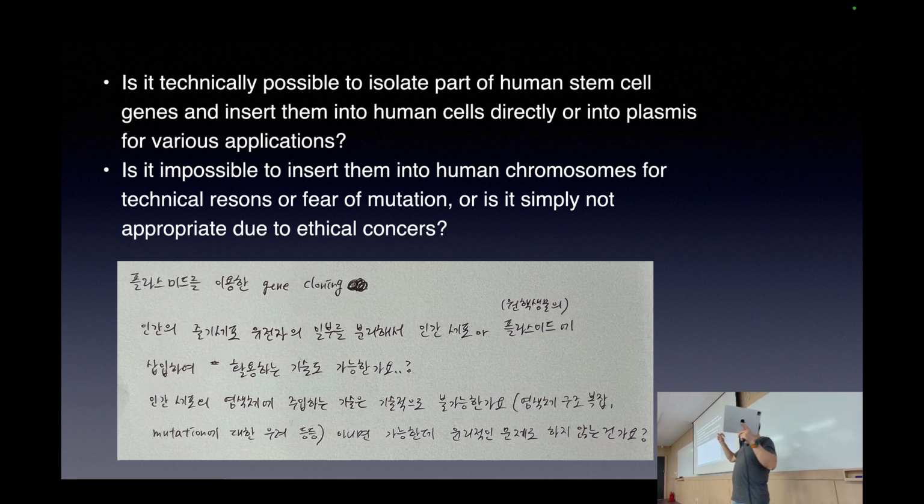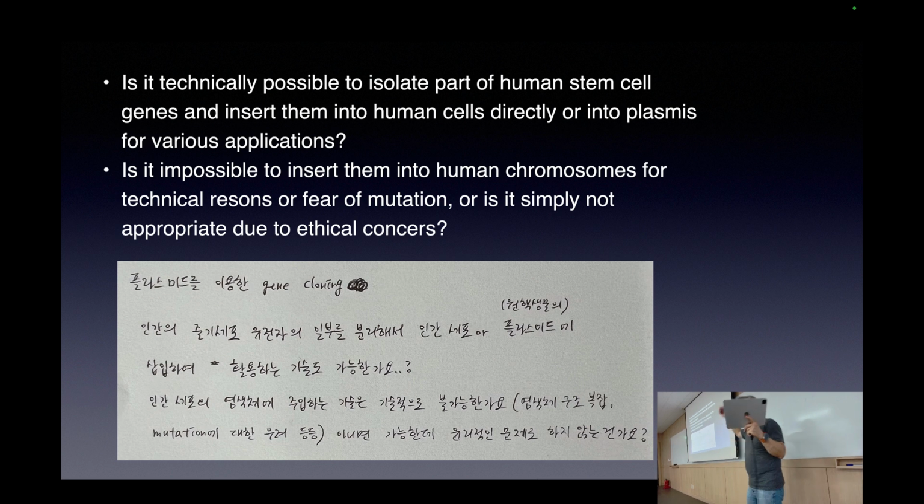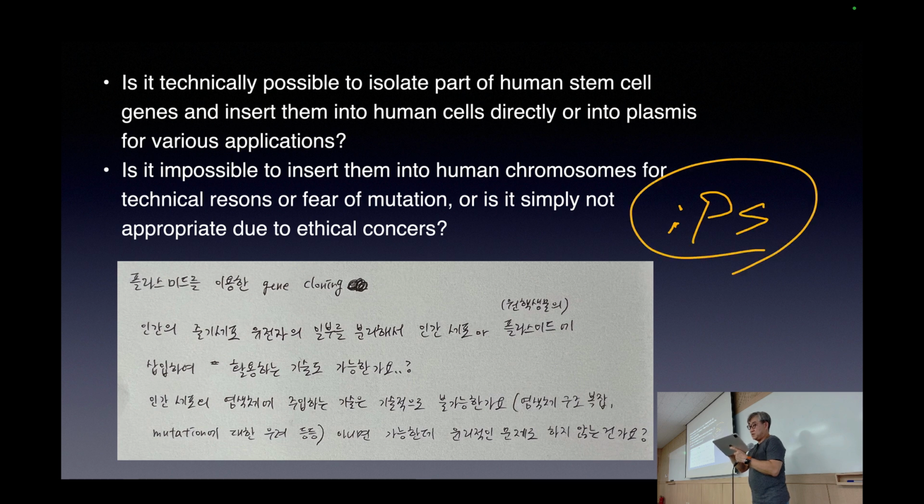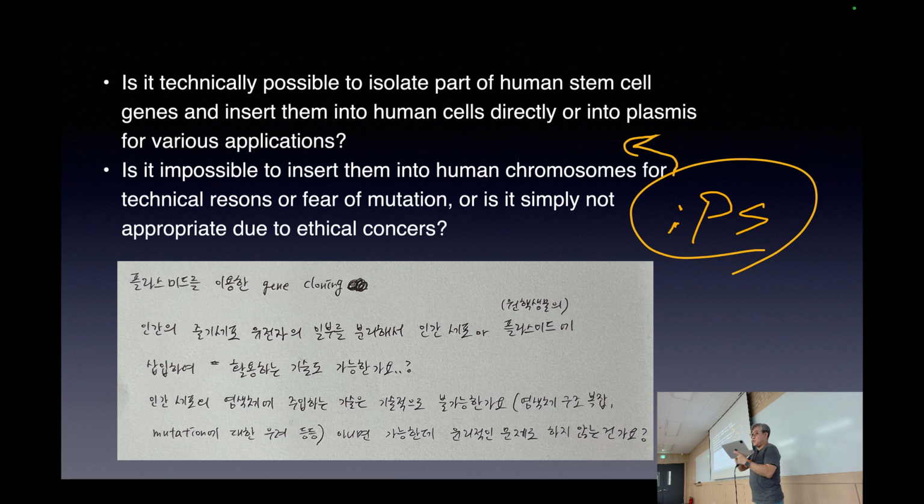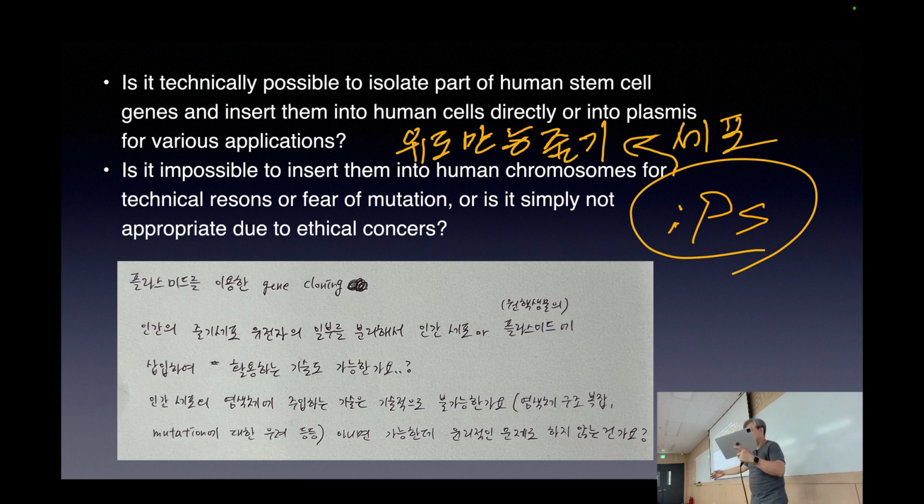Can we insert these genes into a human chromosome to transform the cell into something like a stem cell? Scientists studying so-called IPS cells, induced pluripotent stem cells, have already done this. The I stands for induced: induced pluripotent stem cell.